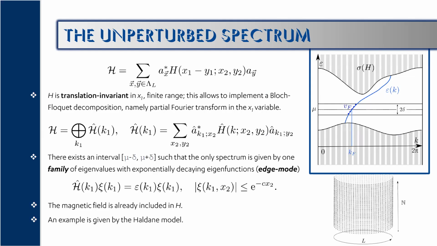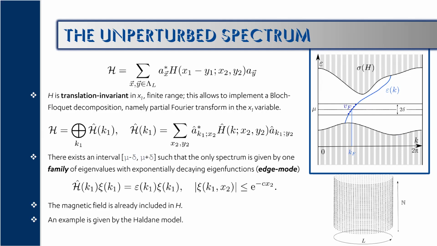And since it is translation invariant, we can perform a block Fourier transform, or let's say a partial Fourier transform in the x1 direction, so that our Hamiltonian becomes the sum of a different Hamiltonian in one dimension less for each k1. And for each fixed k1, we can consider the spectrum of the Hamiltonian H(k1).